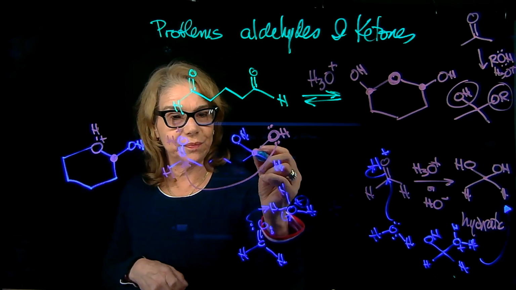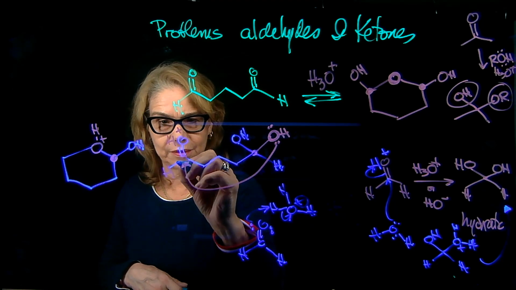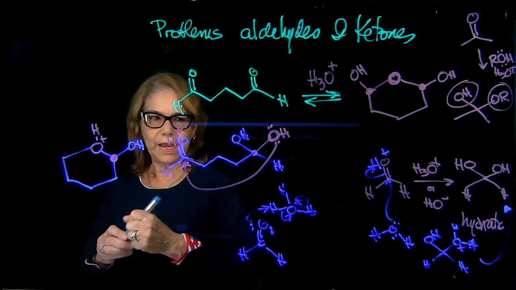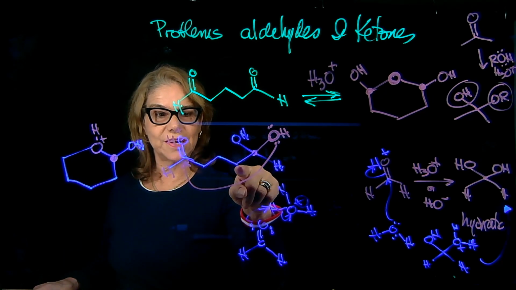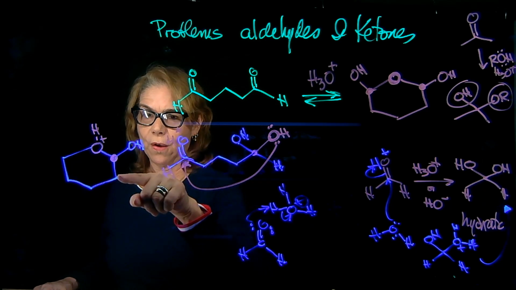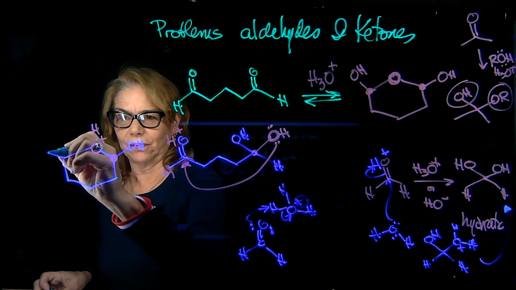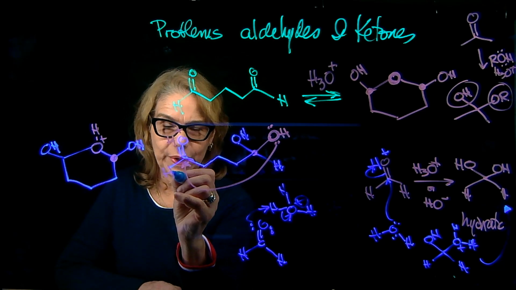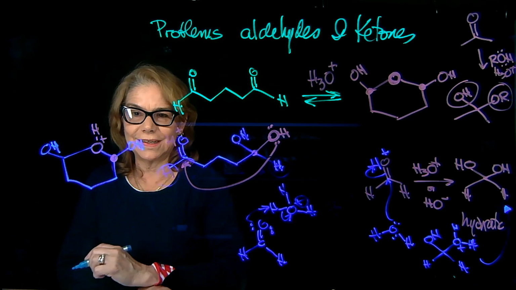I just want you to keep track of which atom I'm using for the circle. So that's that, and I have an OH. As you can see here, I didn't draw the hydrogen. So next is 1, 2, 3, and 4. And at the carbon, I will have also an OH, and an H that I'm not drawing. So I am omitting this H and the other H. And this is your product.